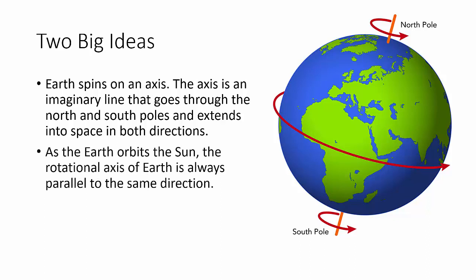Another idea, you've probably heard this before. As the Earth orbits the Sun, the rotational axis of Earth is always parallel to the same direction. We'll make a little animation of that here. I've got a reference Earth that's just sitting still up there, and something that you can see if you look carefully is that the axis of the traveling Earth remains parallel to that of the stationary Earth.